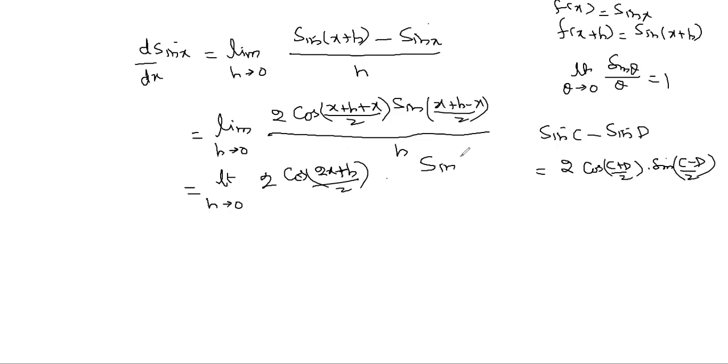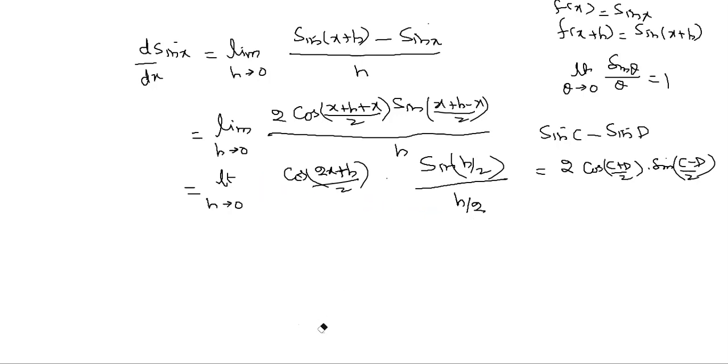Now see this, this will become sin h by 2, and this 2 and h: instead of writing with this one, we can write here. And this 2 can go with upon h, because if you invert it, this 2 will come here, so this 2 will disappear and we can write like this. Okay, got it?